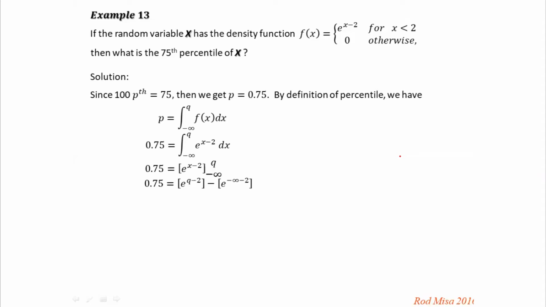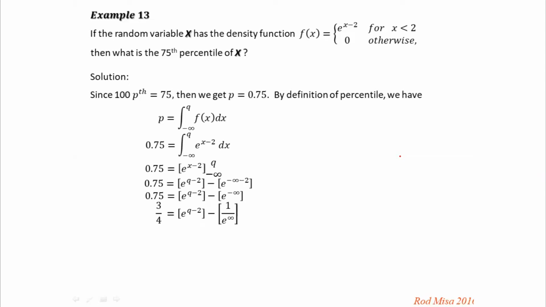So 0.75 is equal to e to the power q minus 2 minus e to the power negative infinity, because negative infinity minus 2 is still negative infinity. So 0.75, in fraction 3 over 4, is equal to e to the power q minus 2 minus 1 over e to the power infinity, if you make this exponent positive.